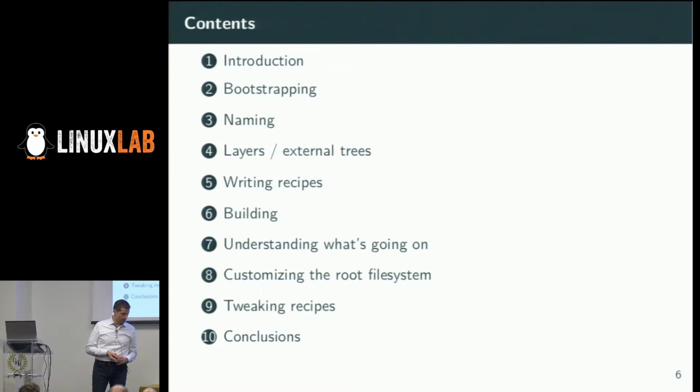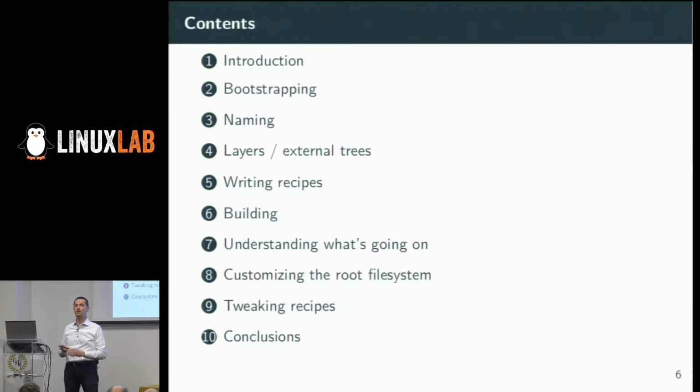Okay, the topics that one could cover are many. So I just laid out a few of them, those for which I have experience, and that exist in both Buildroot and Yocto, so I'm not talking very much about packages actually. I'll cover bootstrapping your first project. The naming differences, which is how the two tools name the same thing in a different way.